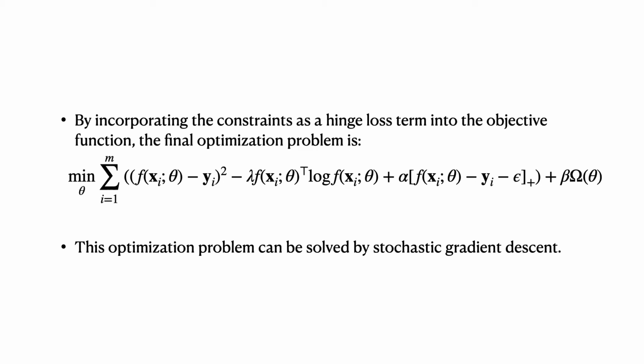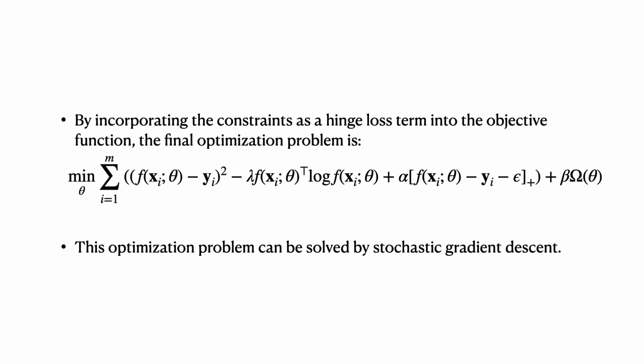The second term is the entropy function, which is minus f times log f. And the third term is the hinge loss, which is our constraint. And the last term is the regularizer to control the complexity of model. Here we use the L2 norm.